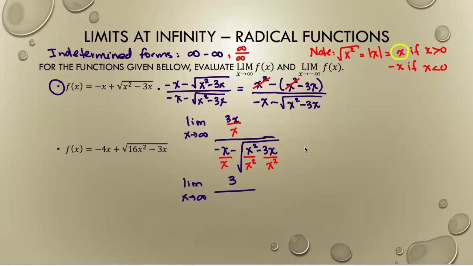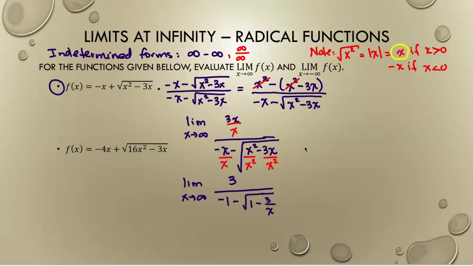Minus x over x is a minus 1. And then inside the root, we have 1 minus 3 over x. All right, so again, this x is going to cancel with this x. That's why we have 3. This x cancels with the x, minus 1. This x squared cancels, 1. And then the x and the x squared, we have 1 over x left.